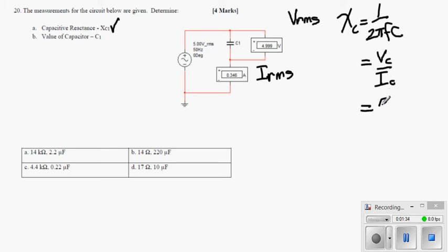So we have 4.99 volts, which is essentially 5 volts, and we have 0.346 amperes. If we take 5 volts and divide it by 0.346, let's see what the answer will be. 5 divided by 0.346 gives us 14.45.